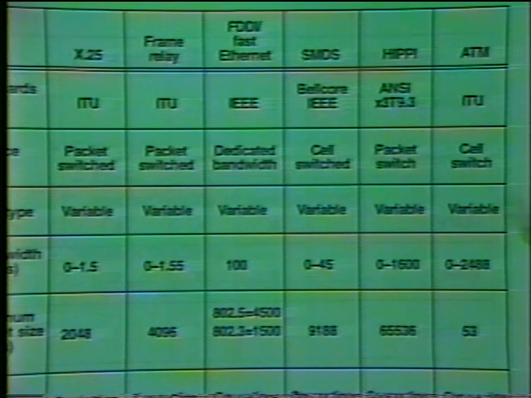The PDU, or the protocol data unit, can be variable. Okay, this is the current bandwidth that we implement, and this is in megabits per second. This is just saying that our ATM cells are 53 bytes, and again we're fixed, so that's how big an ATM cell is compared to some of the others.